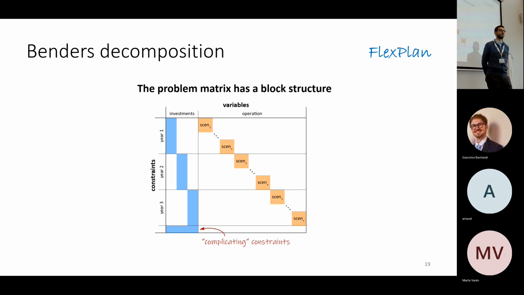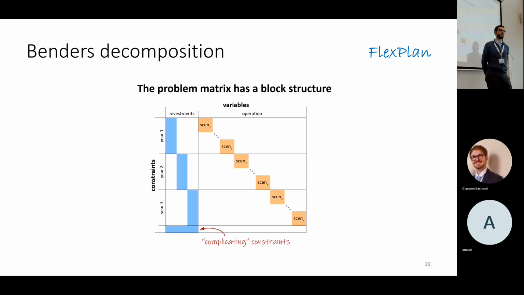But then we realized that we still don't have the computational capability to do that in the time horizon of the problem. So we split the 3 years in 3. So we didn't deal with these complicating constraints, but the model, as it is written in FlexPlan.jl, considers this possibility. When you are maximizing your objective function, you are normalizing the cost with respect to the per year cost.